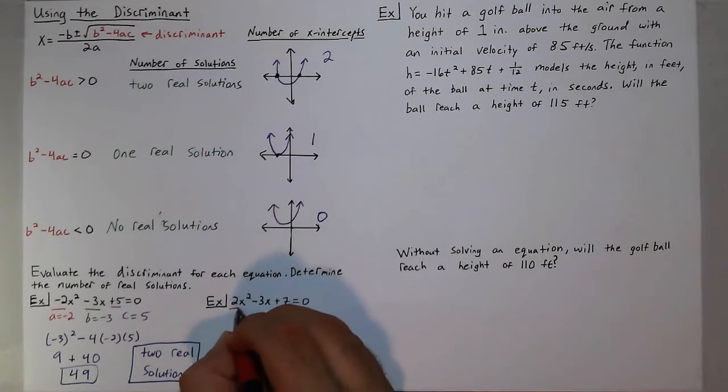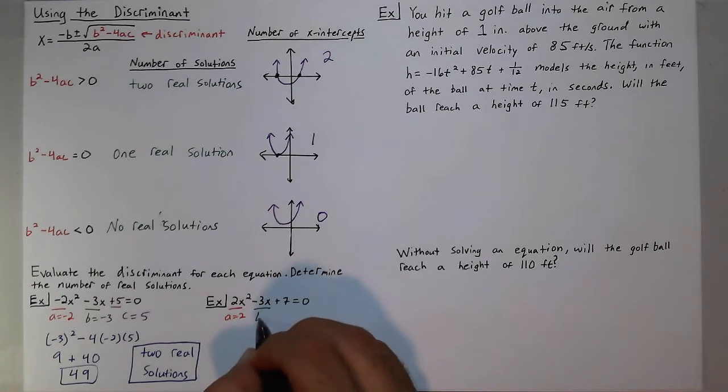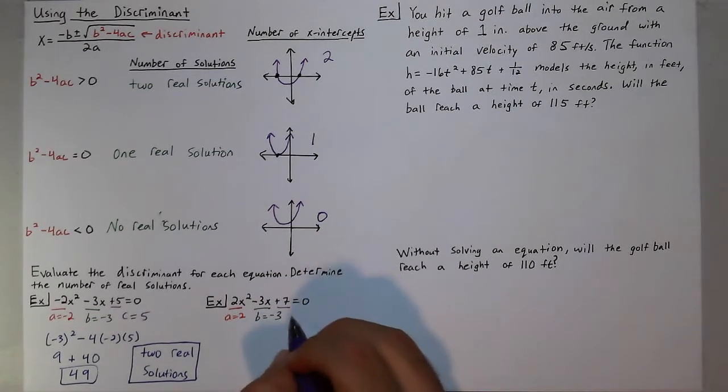We have 2x squared, which means a is equal to 2, minus 3x, which means b is equal to negative 3 again, and then plus 7, which means c is equal to 7.